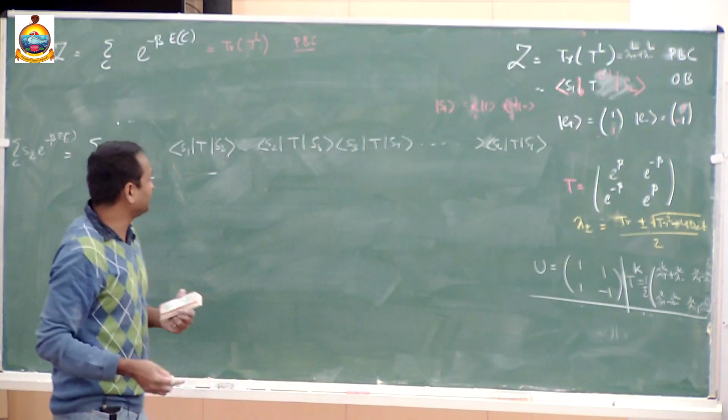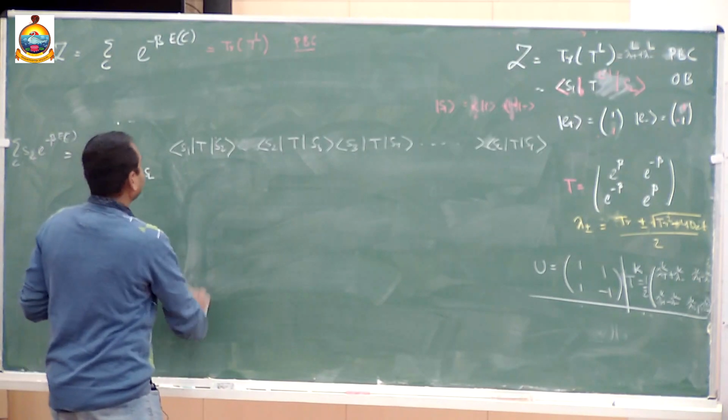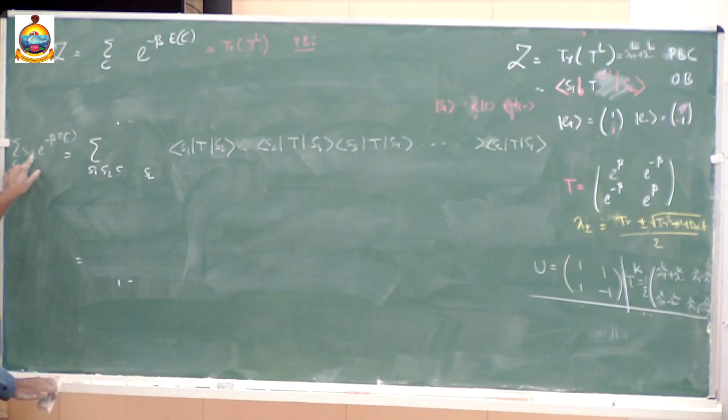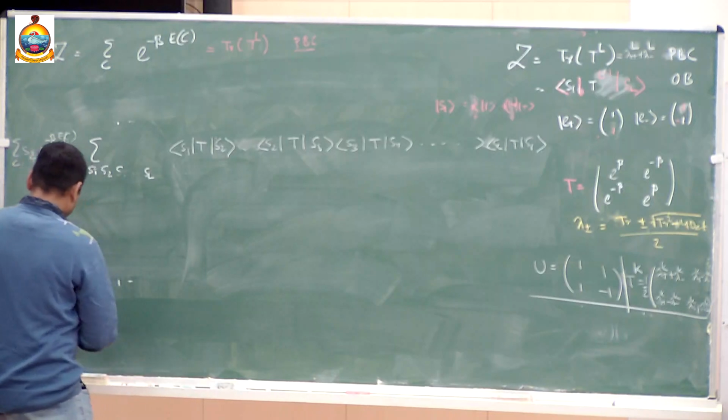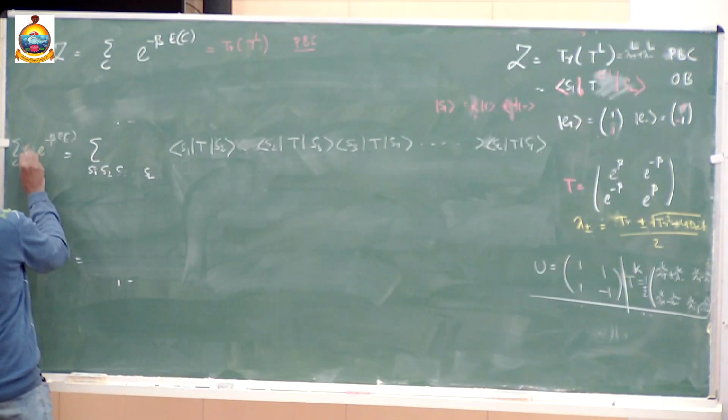It's a periodic chain. In an open chain we will do it again. But now I have to put an S2 here also, because my observable is S2.